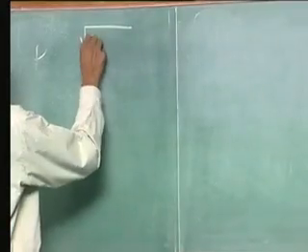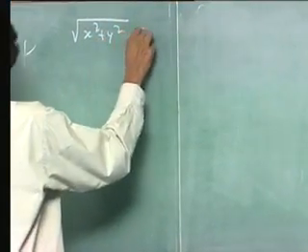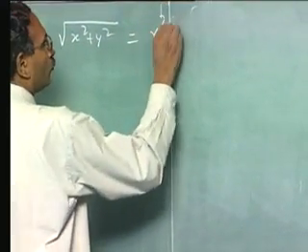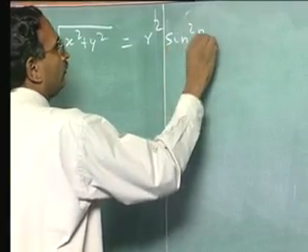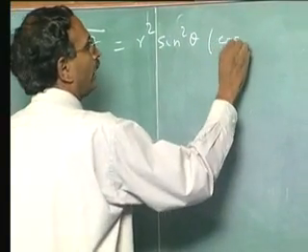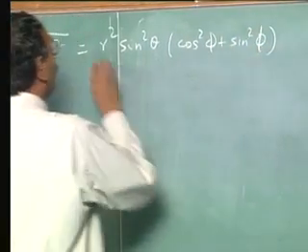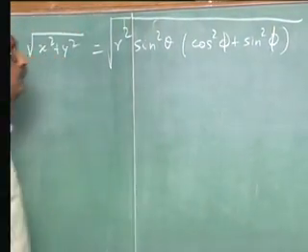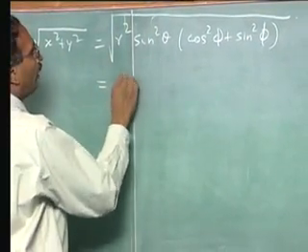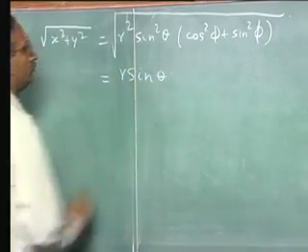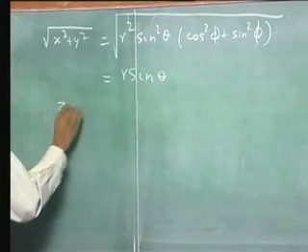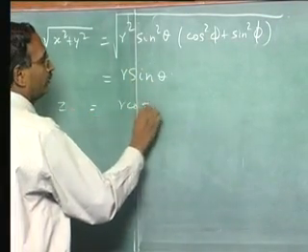Square root of x square plus y square will give you r square sin square theta cos square phi plus sin square phi, square root. So, what you get is r sin theta, and you know z is r cos theta.